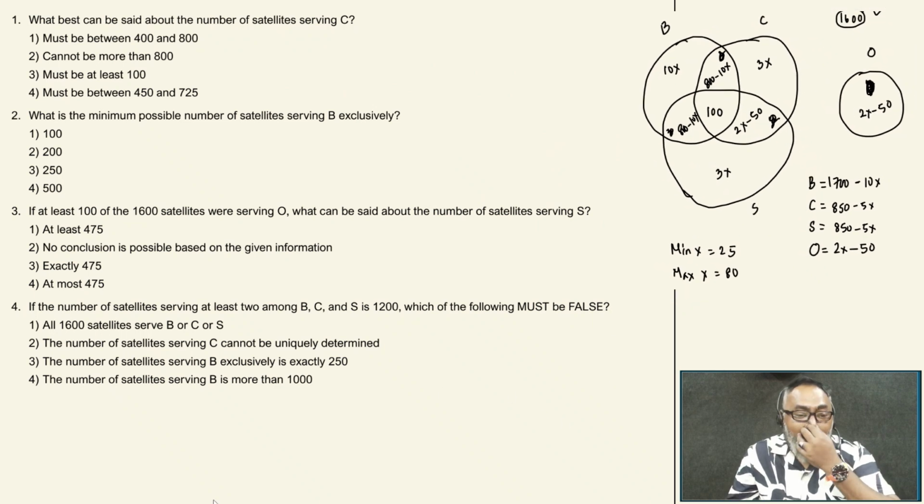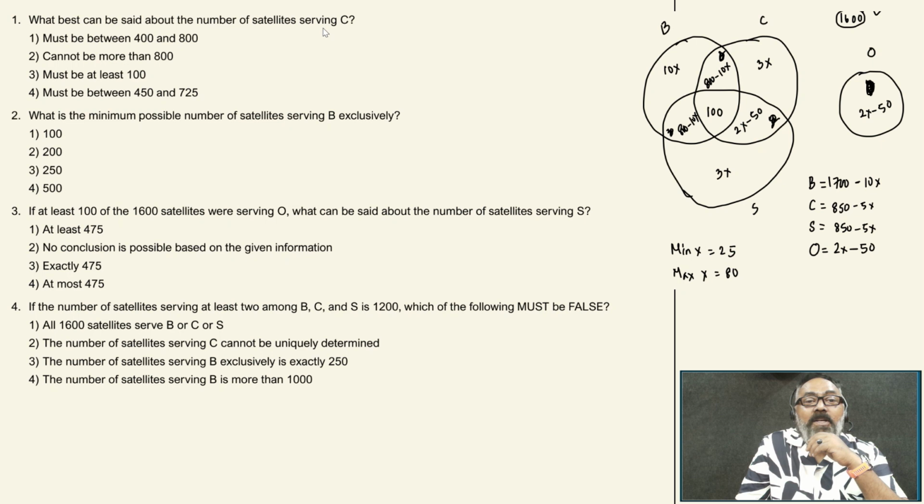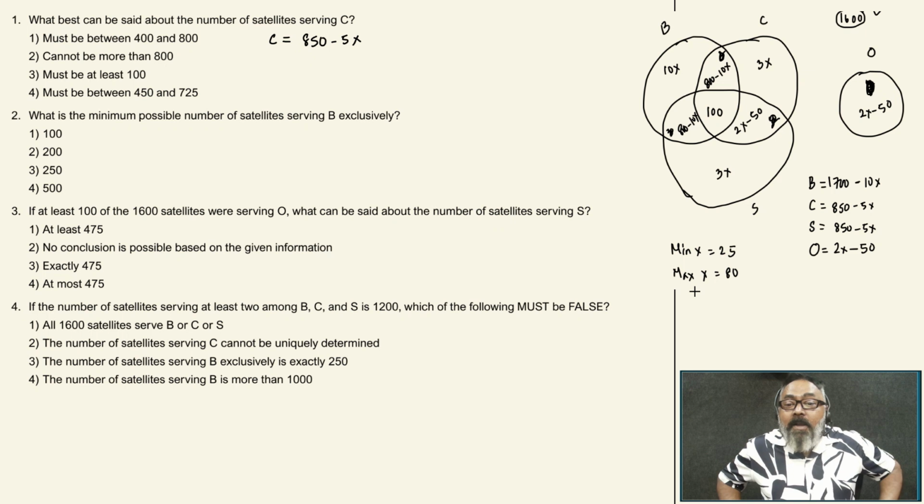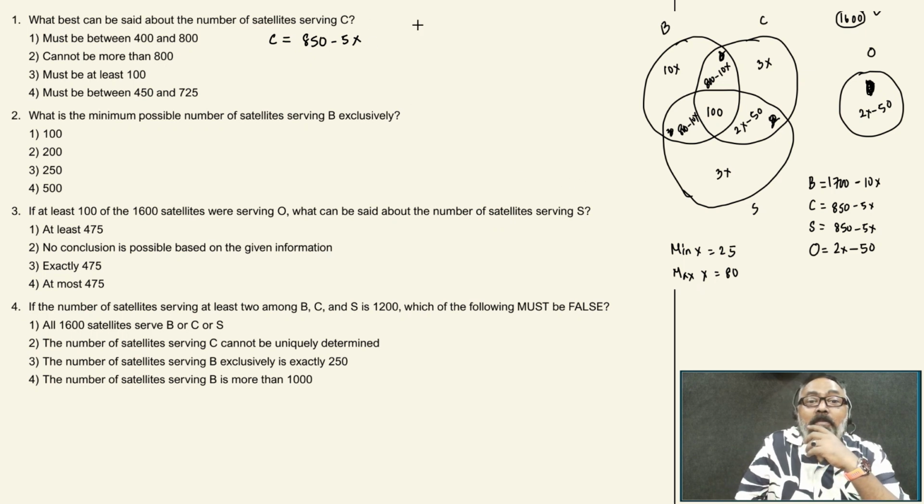Let's start. What can be said about the satellites serving C? What is the total number of satellites serving C? We know this is 850 minus 5x. But we also know one more thing. What is the minimum value of x and the maximum value of x? The minimum x we know is 25. The maximum x will be equal to 80. We can plug in the values.